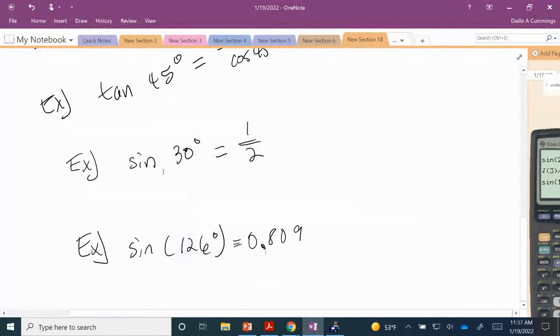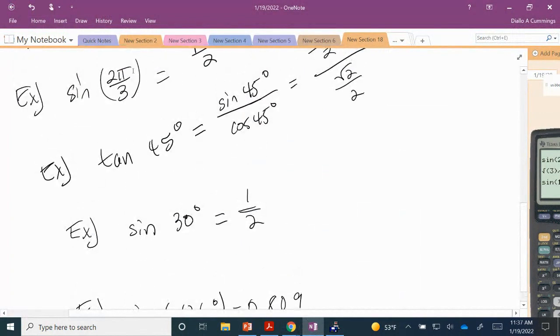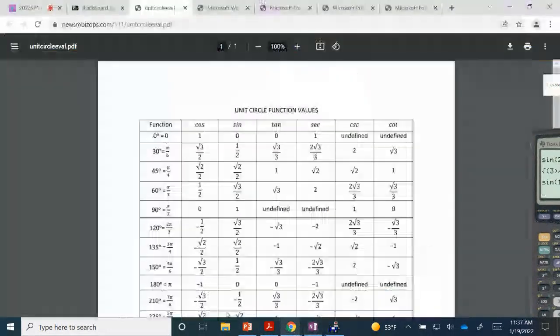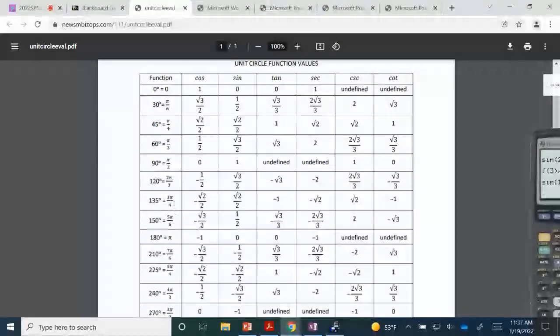If we wanted to find, let's say, the sine of 2 pi over 3, right, we can find 2 pi over 3, which is 120 degrees. We can find the sine, and we can pull out that sine value. Right, so you can evaluate trig functions by using the unit circle, by using this table of values, and/or by using the calculator.